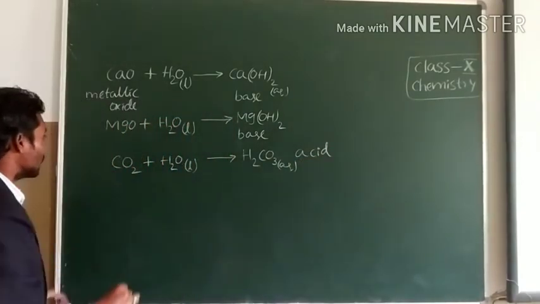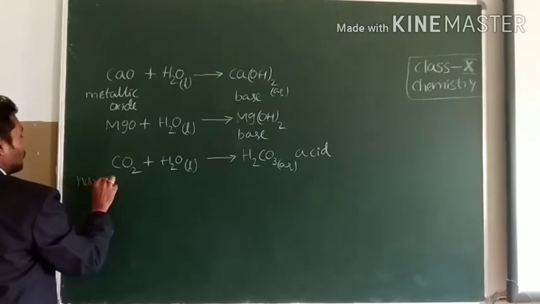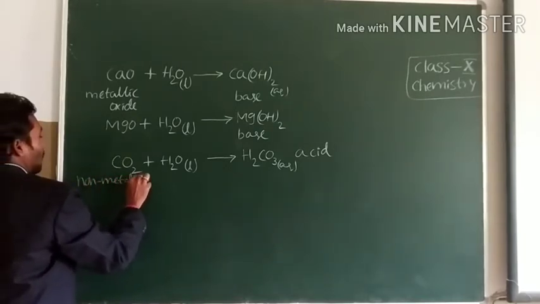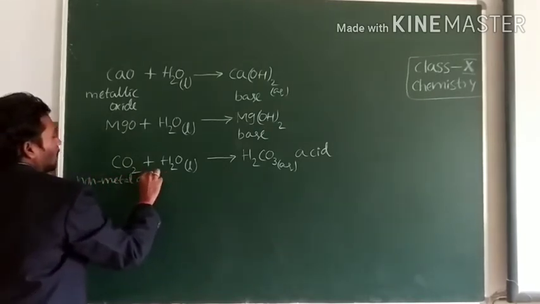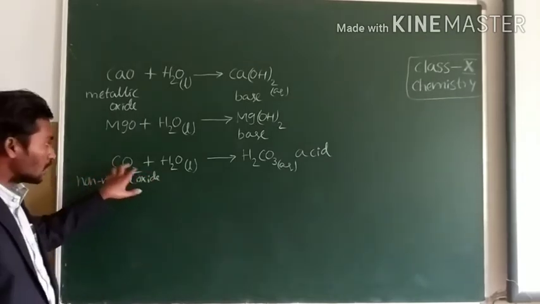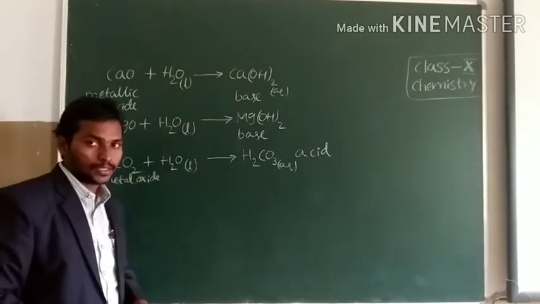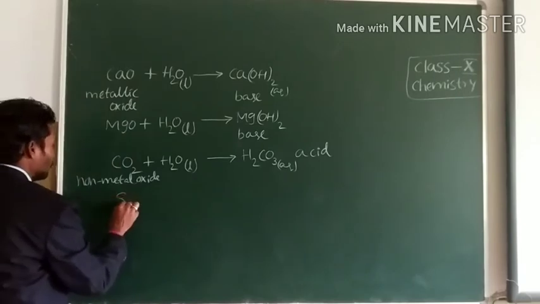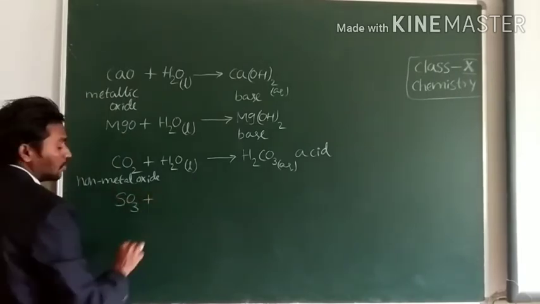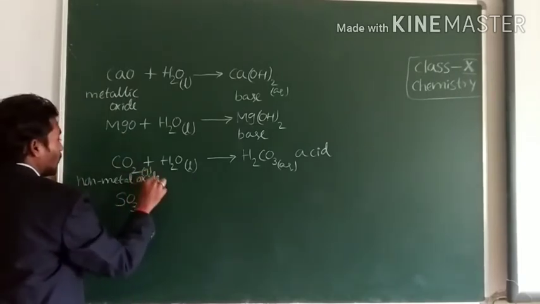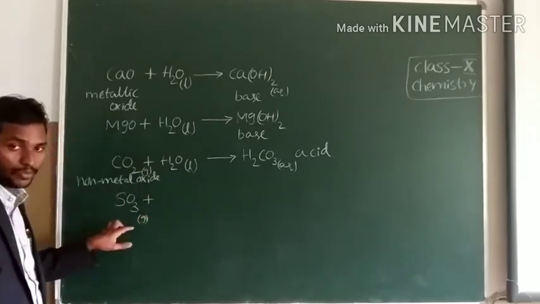Here, carbon dioxide is a non-metal oxide because carbon is a non-metal. The non-metal oxide dissolved in water produces acid. Let's take one more example. SO3 is sulfur trioxide.